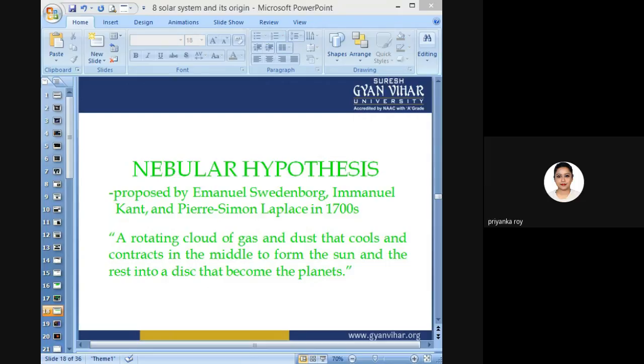So it was said in the nebula hypothesis that there was a nebula of gas which eventually condensed and contracted, and at the center it became the sun, and at the outer edges became a disk, and they further consolidated and solidified, becoming planets.